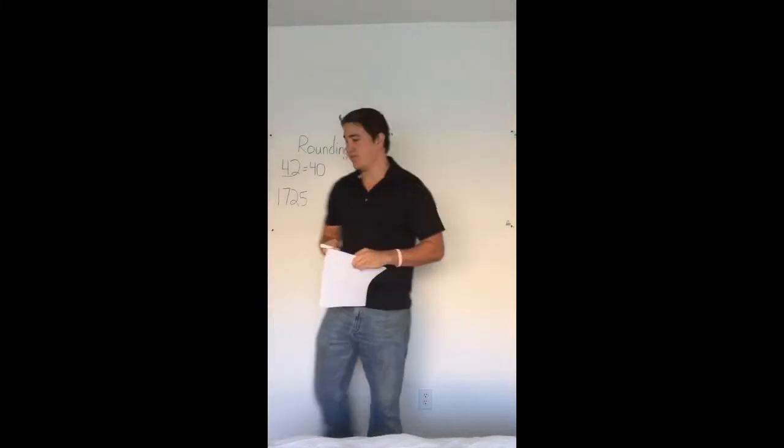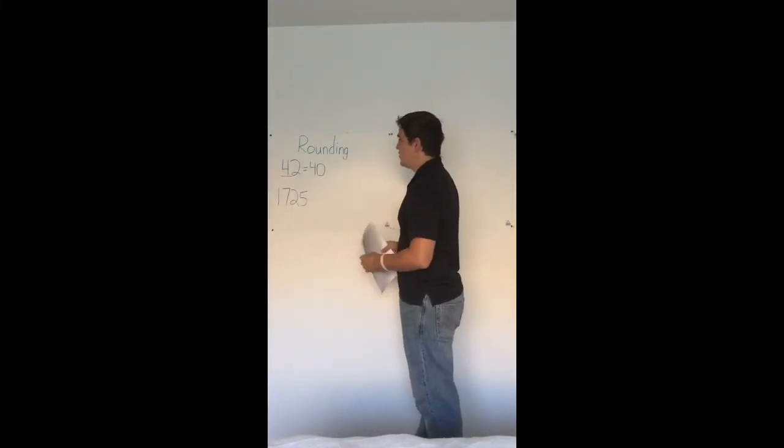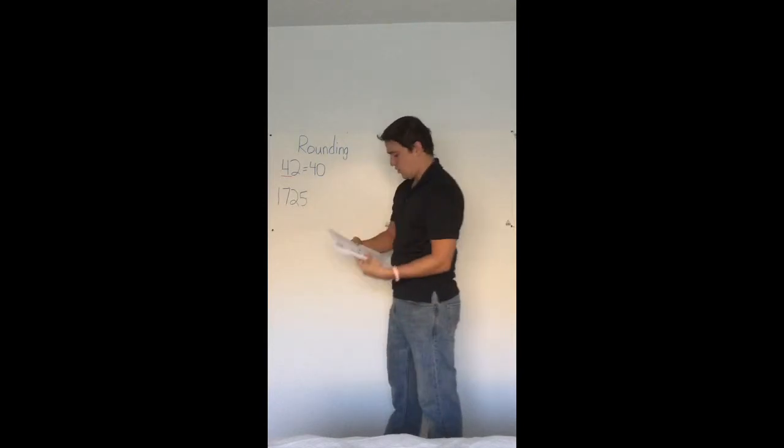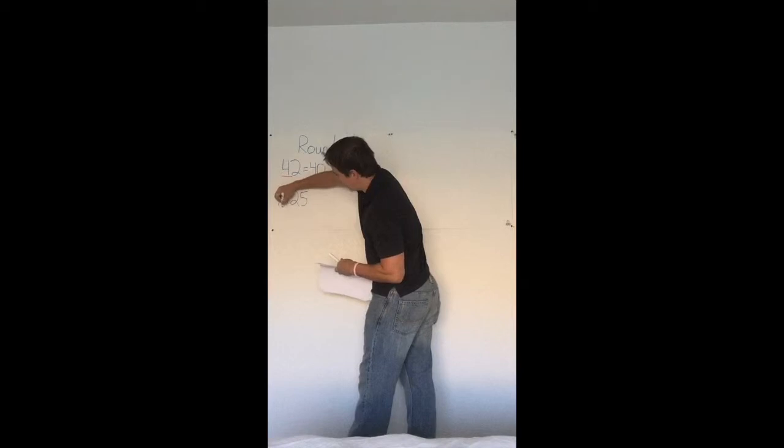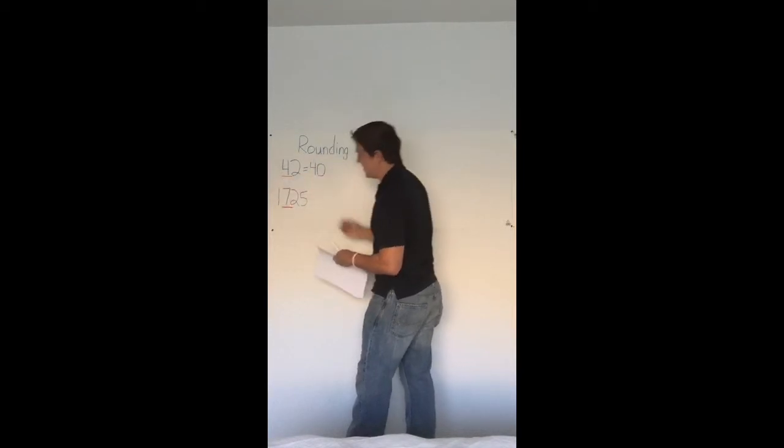All right, next we're going to be working with the same number. I'm going to show you that it's not always going to be the first number that you're rounding to. So let's say I had the number 1,725. All right, so this time I want to round to the nearest hundreds. I would underline my hundreds place, so it's the 7.